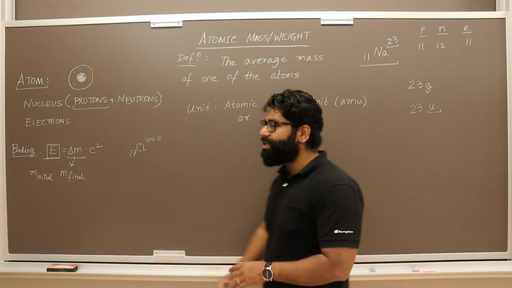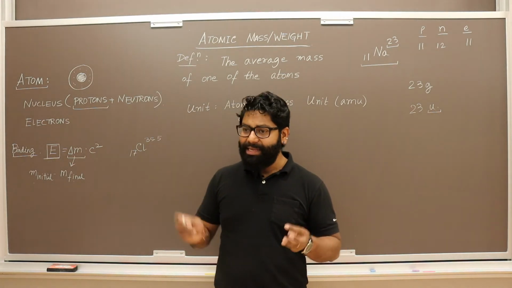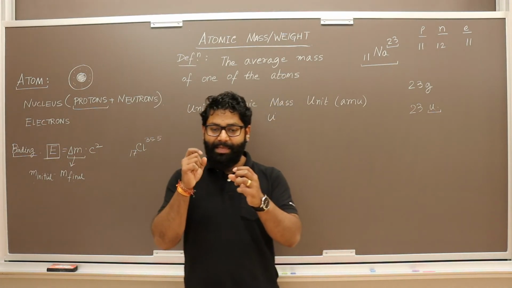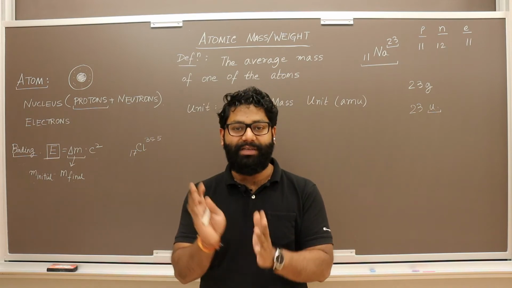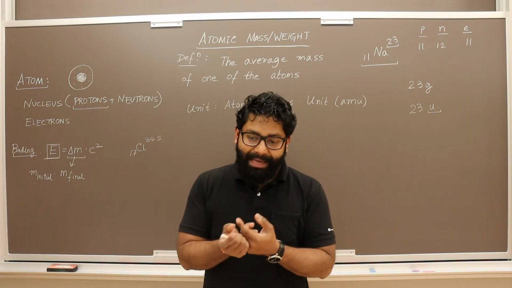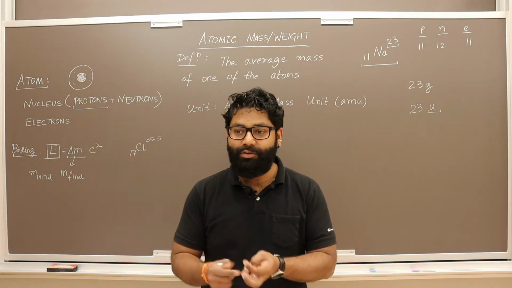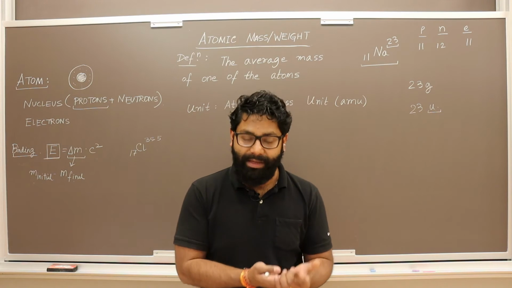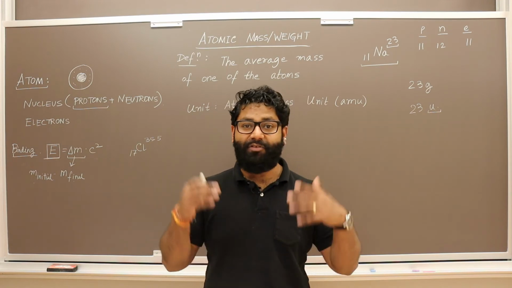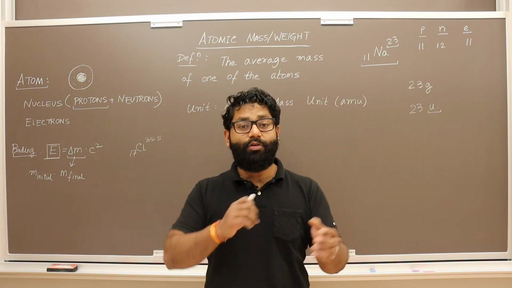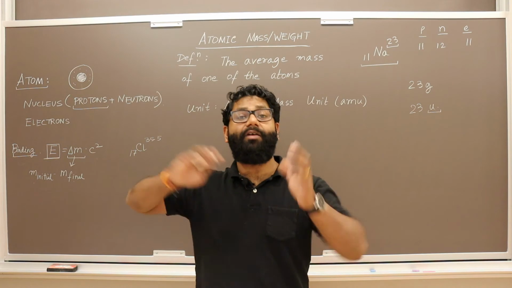Now, why do we need another unit? For any quantity, the measurement should be in the right units. Say you're measuring the mass of human beings. What is the unit? You generally use kilograms or pounds, right? But let's suppose you are trying to measure the weight of a truck. Then you'll go to tons, right? So you try and measure things in bigger units.